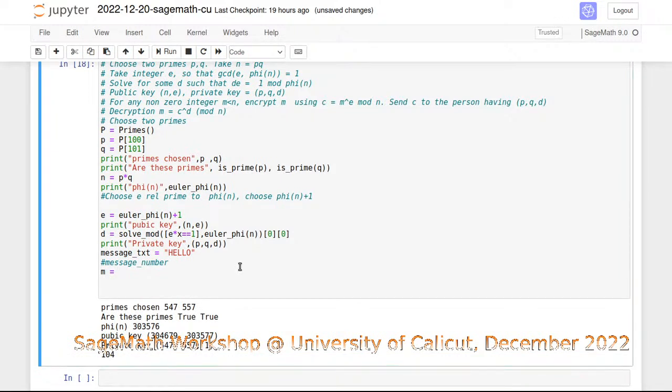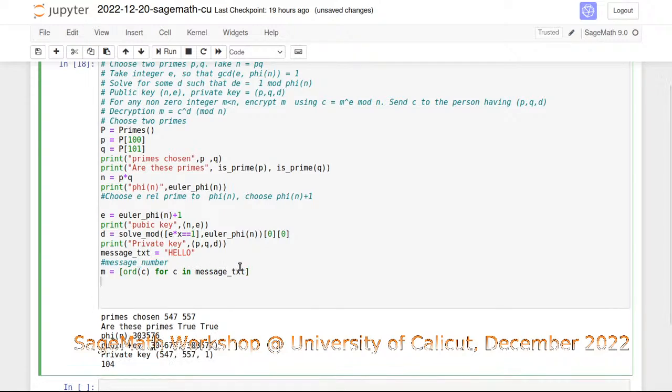We apply ord(c) for c in message text, and let us see what this is.